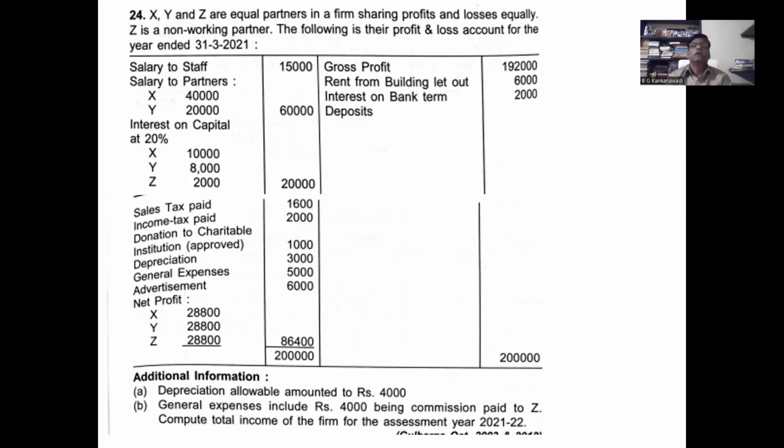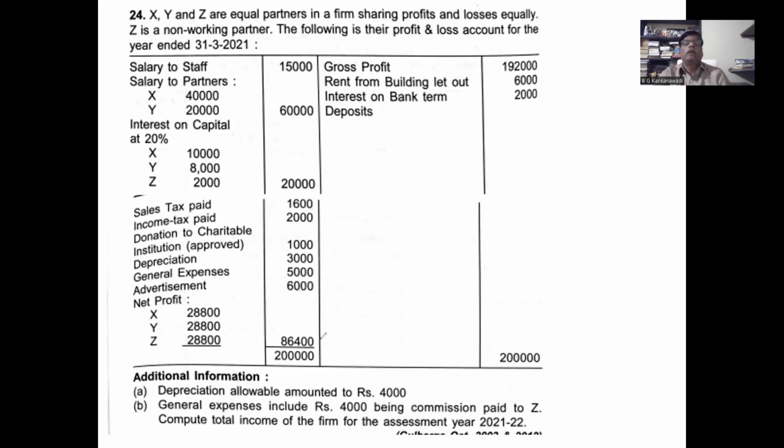Working partners. So the following is the profit and loss account for the year ending 31st March 2021. In this P&L account, you see the net profit is 86,400.